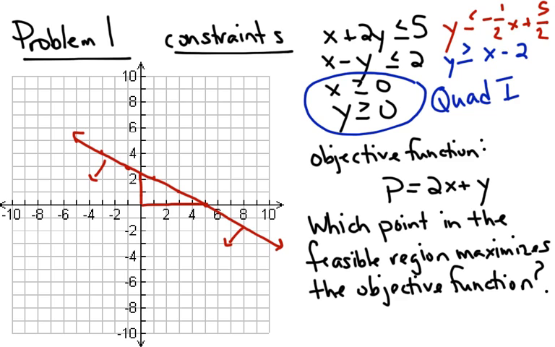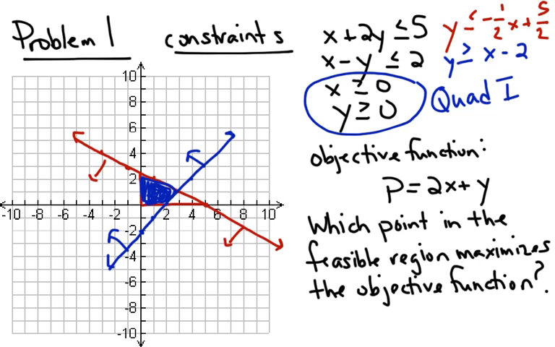The y-intercept is at -2 and the slope is 1. So the line is going to look like this. And since the inequality symbol changed to greater than, it gets shaded above. That means that this is my feasible region. It's a quadrilateral. It has 4 sides.